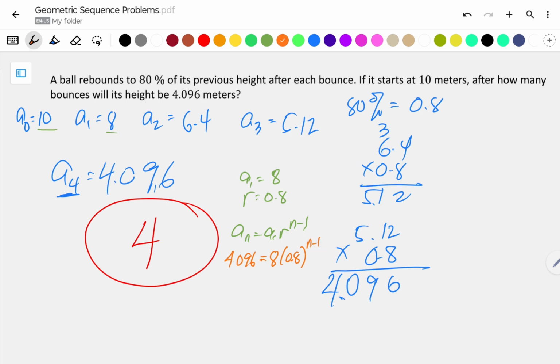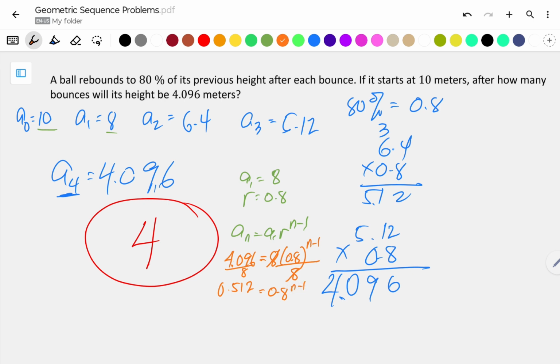So divide both sides by 8. 4.096 divided by 8. That will give you 0.512. You divide this by 8, divide this by 8, so you can cancel.